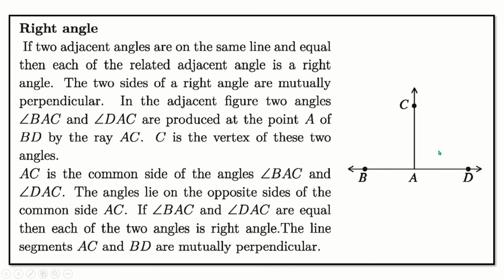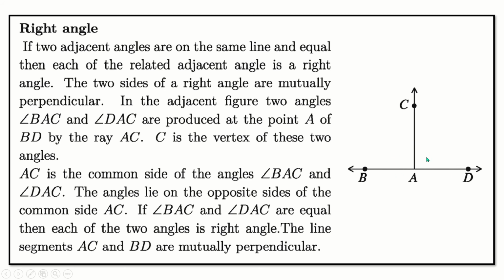Right angle. If two adjacent angles are equal, that means DAC and BAC are equal, then it is called a right angle. One condition is that they are on the same straight line and equal to each other.